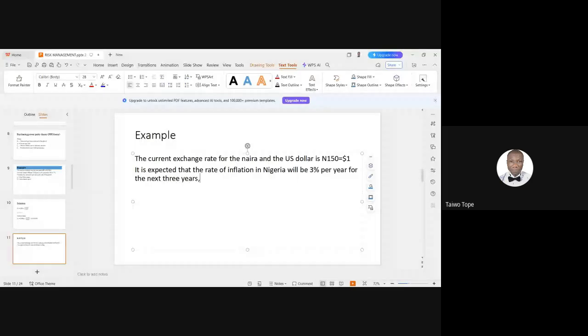And in the US, the rate of inflation will be 5% per year.